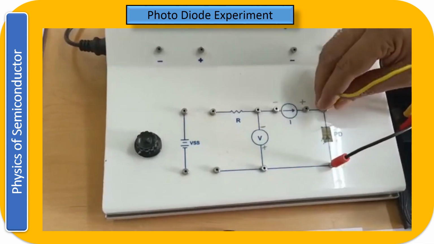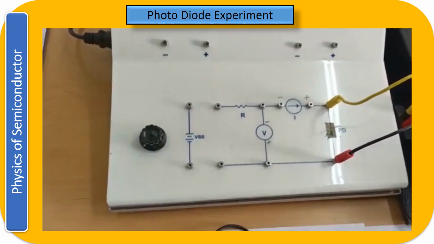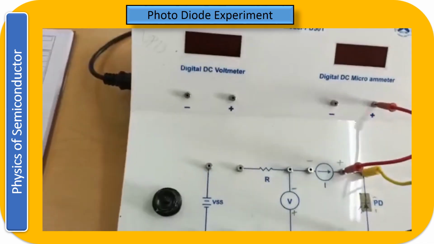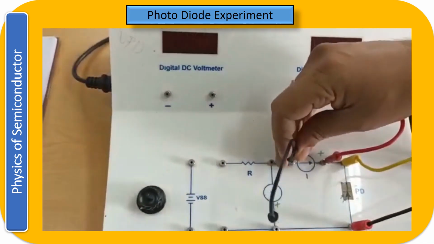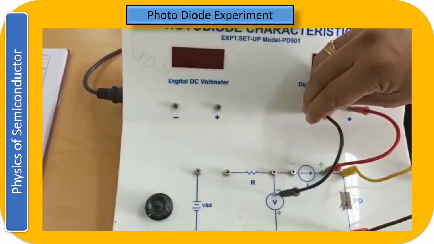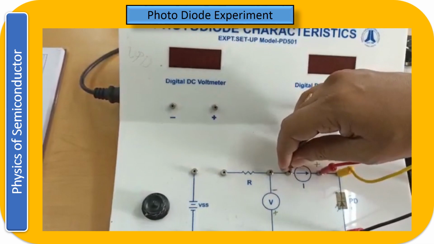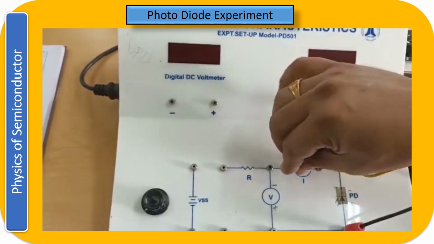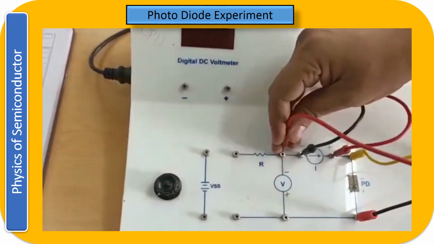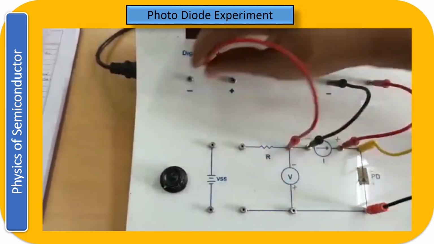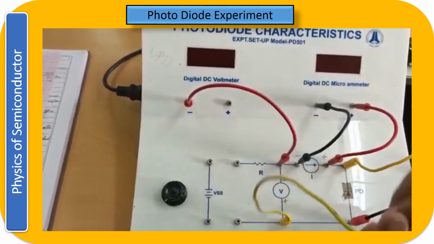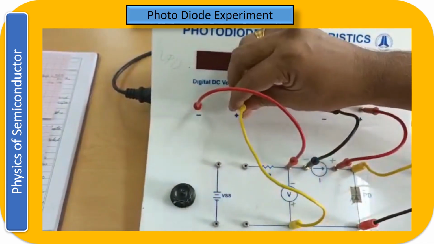After connecting the photodiode, please connect the ammeter. See the polarity, plus to plus, you can see here, and then from here to minus of the micrometer. With this micrometer, I can measure current up to 2000 microamps. Next connect a voltmeter. From this end to minus of the voltmeter, and from the other end, you connect to plus of the voltmeter.